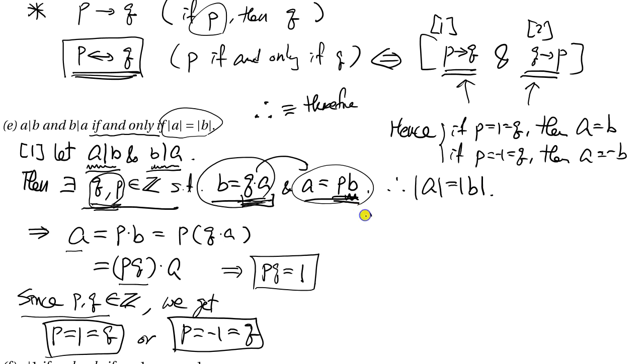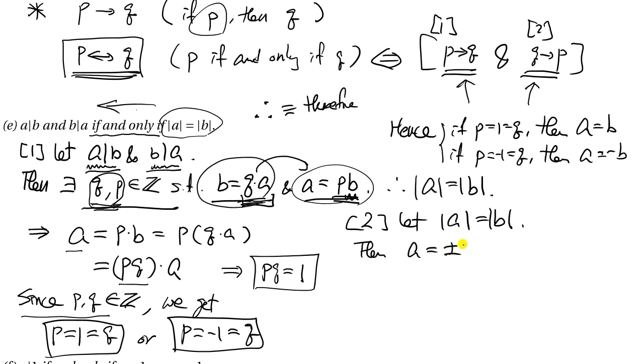Now, let's do the second part. We just finished the first case. So in the converse, our assumption is that the absolute value of A equals the absolute value of B. Which means what?